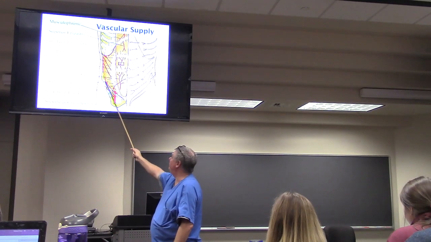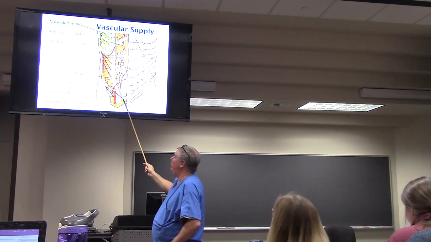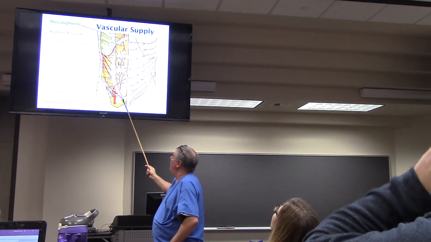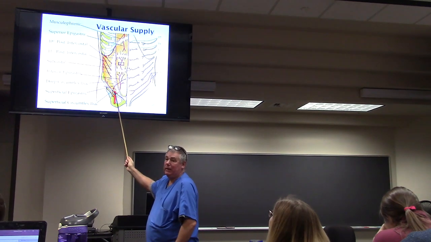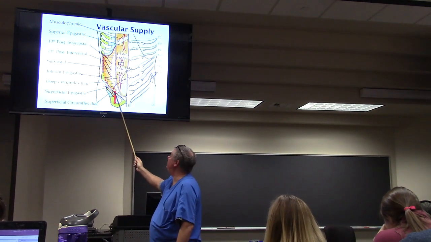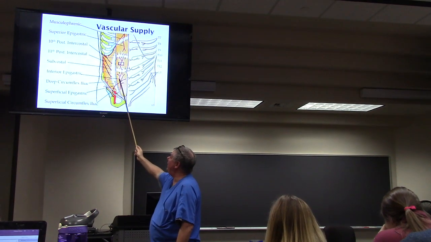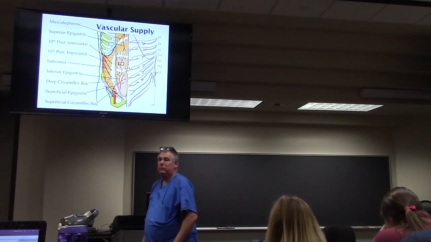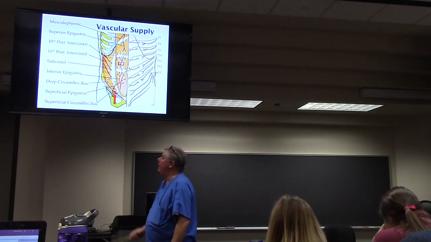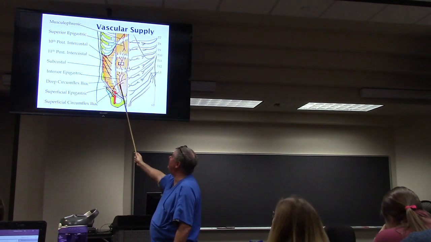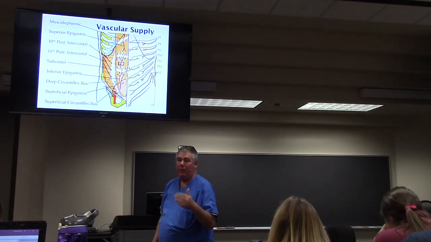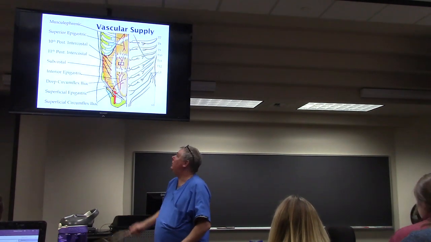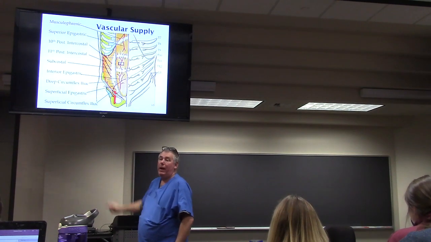It's that white line going from the ASIS to the pubic tubercle. Just before it dives under there, it's the external iliac. That external iliac gives off a branch called the inferior epigastric. The inferior epigastric ascends, again, between the rectus abdominis muscle and the posterior rectus sheath, and anastomoses with the superior epigastric.